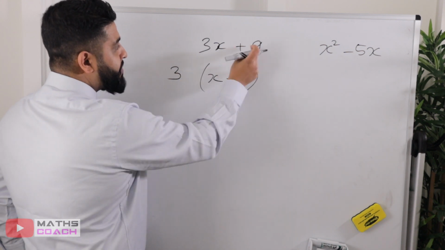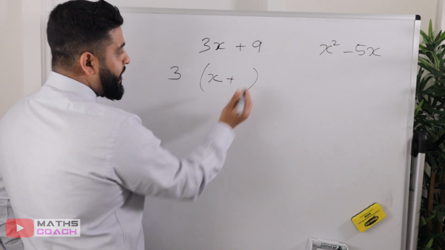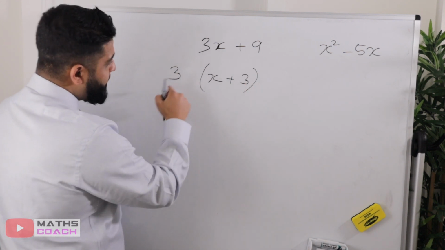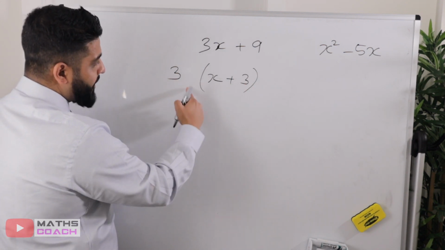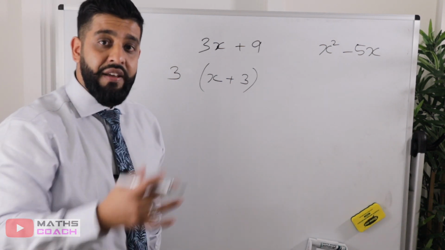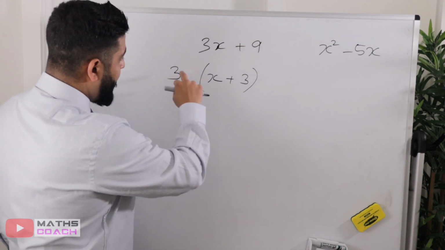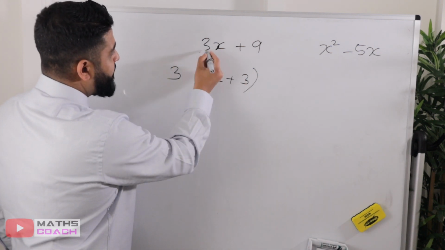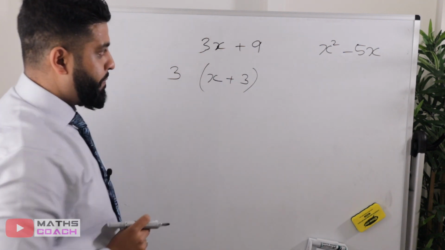Next, 3 times something just to give us a 9. So we want 3 times 3 to give us a 9. So if you notice here, we have 3 outside the bracket and then x plus 3 inside the bracket. And that is factorized, okay? Why? We can check this by multiplying out and we should get the answer that's up here, okay?